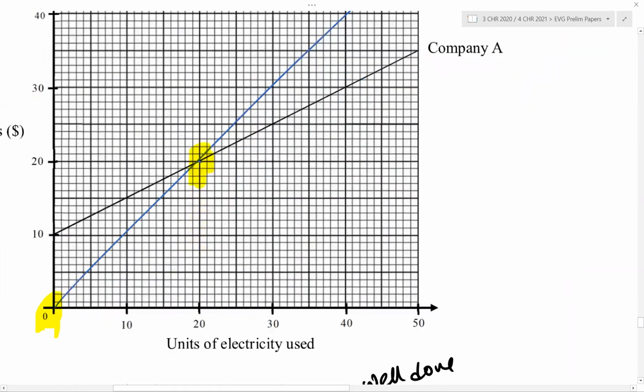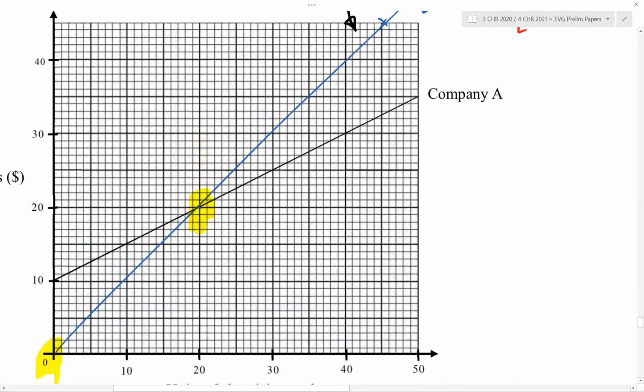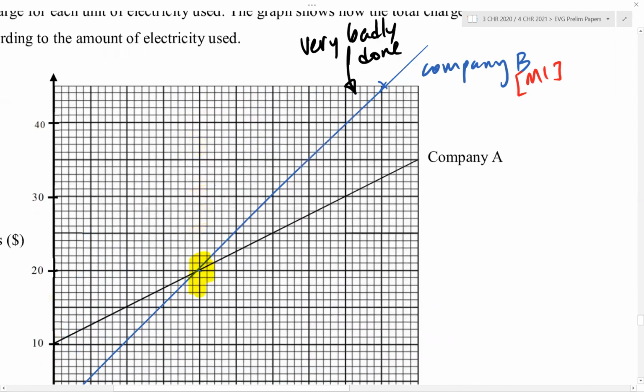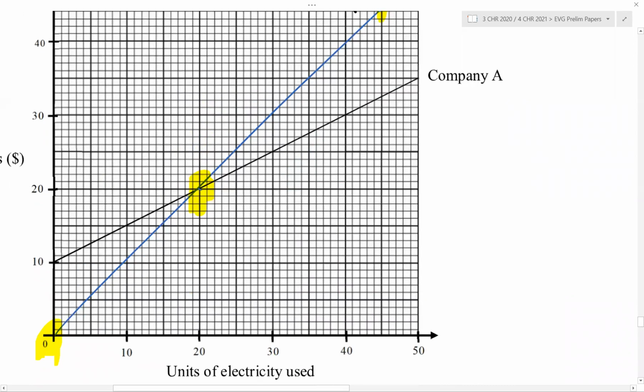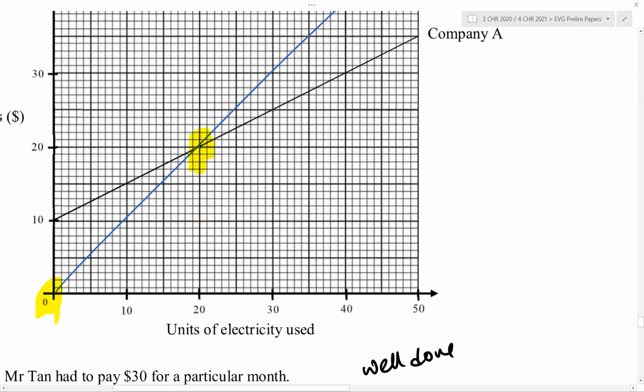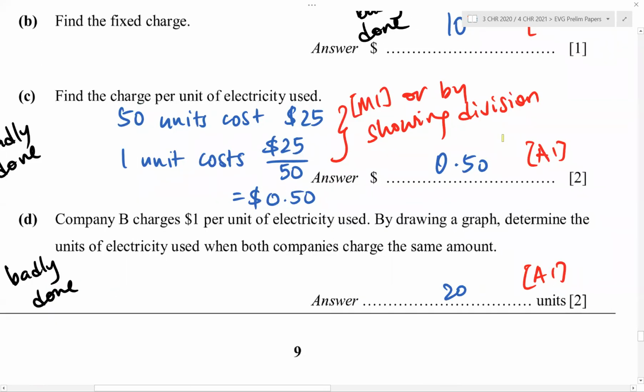So as long as you have a straight line that passes through these points, you will get 1 mark for part D. And the point of intersection is actually 20. Okay, we'll explain later on. So that is the 2 marks. The answer, no line. But it says by drawing a graph. So must have graph.